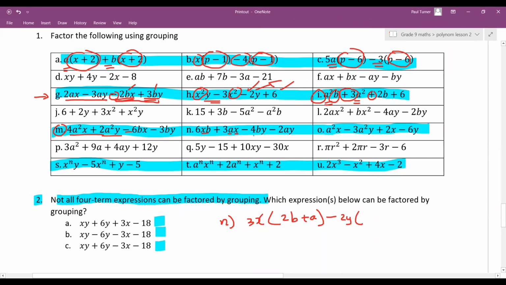So then you would be left with 2b, and should be the same as this one, plus a. Check by expanding, okay? So 2y times 2b is 4by, minus 2y times a, minus 2ay. So then you're left with 2b plus a as the common factor, then 3x minus 2y, like that. That's question N.